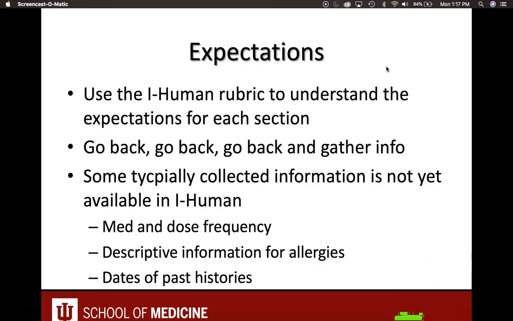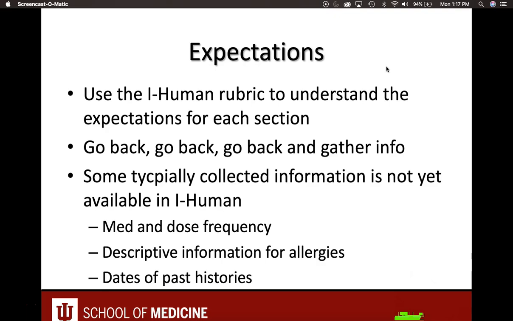Thus, the expectation is that you go back and go back and go back and gather more information. You shouldn't treat this as a one-off: ask the patient some questions, take a history and physical, get some labs, and then move forward. Just like in real life, once you get new information, you have to ask more questions, do additional physical examinations, order more tests, and this system allows you to do that.